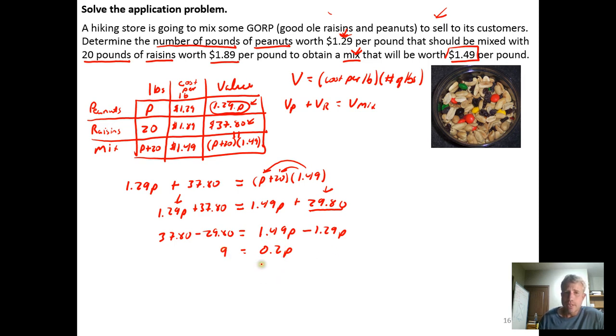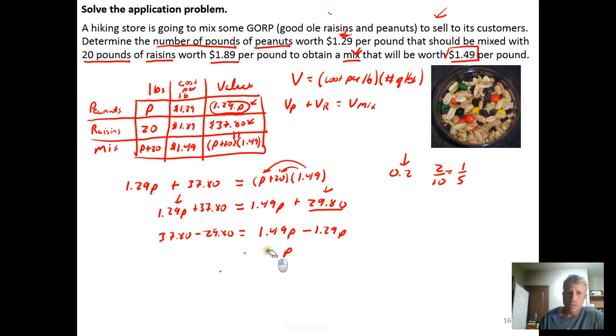And then to get the P by itself, I could divide both sides by 0.2, but what's probably easier is to recognize that 0.2 is really 2/10, which reduces to a fifth. So 0.2 is a fifth.